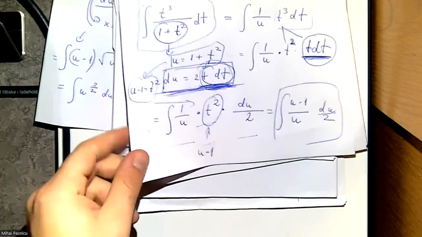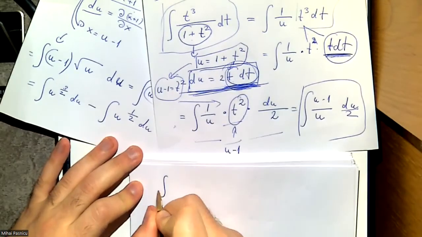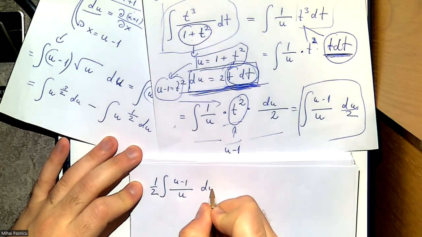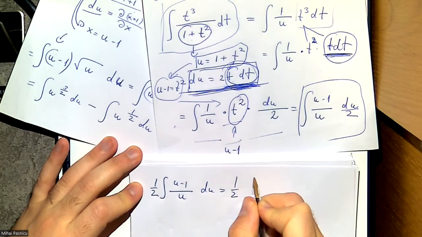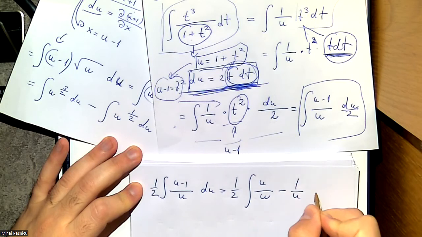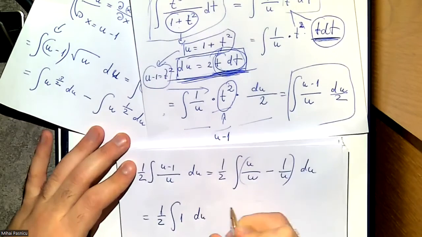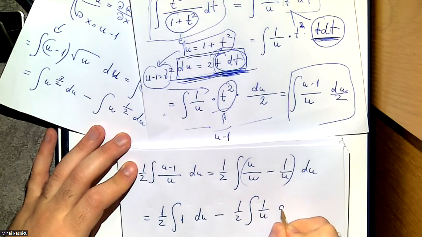And this integral is so nice to compute. Why? Because if you just write it out, just put a half in front of it. Integral of (u minus 1)/u du is equal to, split it, u over u minus 1 over u du. Split it even more: a half integral of 1 du minus a half integral of 1 over u du.